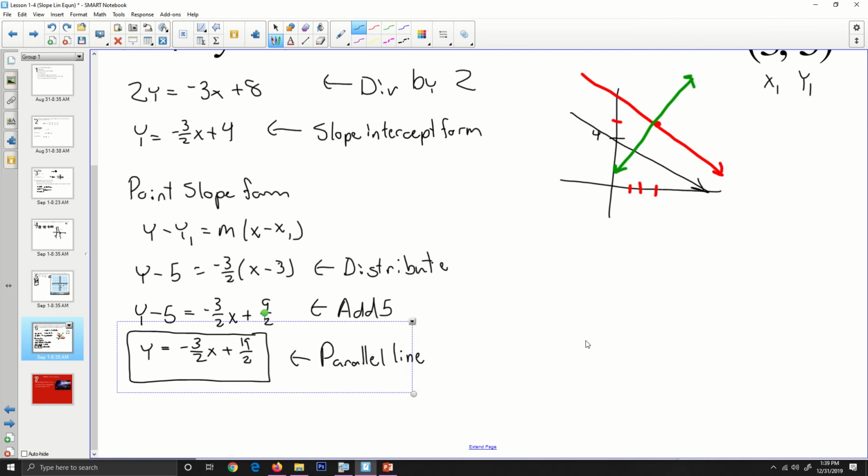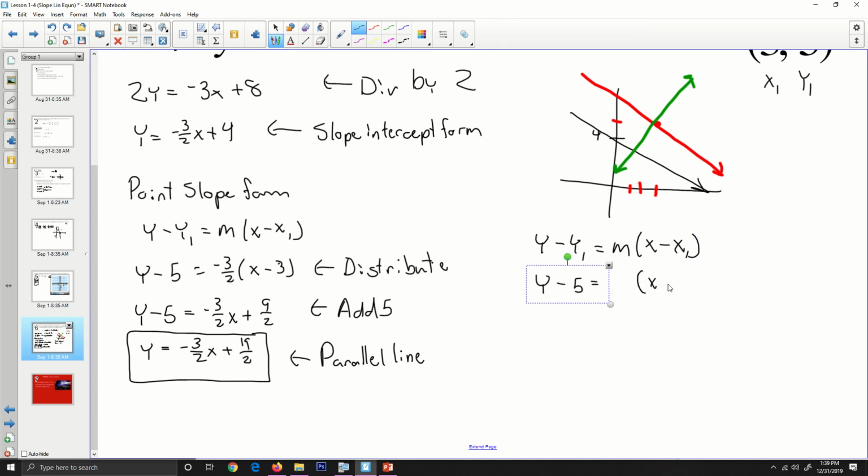And then we want to do the same thing, except we want to find a perpendicular line. So we're going to start with y minus y1 again, equals m times x minus x1. And we're going to use the same x1, y1. So we'll have y minus 5 equals m times x minus 3 here, like we did in the last one.